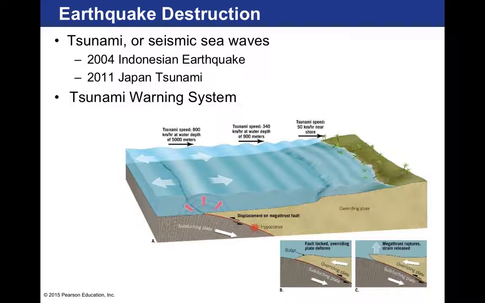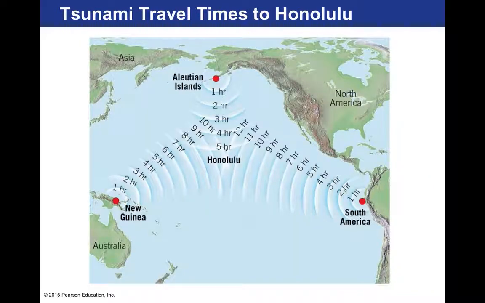All right, there is a tsunami warning system that would alert certain more susceptible areas, let's say like the islands of Hawaii. If a tsunami were to occur at any of these locations, you would have multiple hours notice before you would have to worry about any propagating waves coming from those areas. Specifically, they list here the Aleutian Islands, the coast of South America, and New Guinea over by Australia, simply because these locations are very near fault lines that typically have frequent earthquakes occurring.